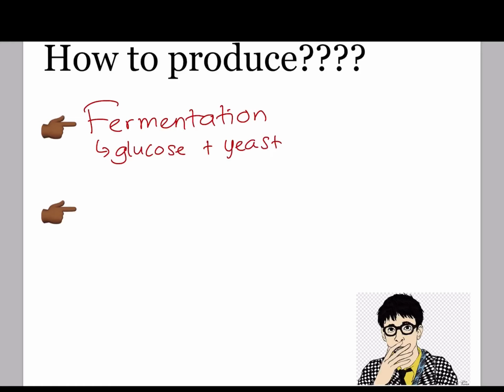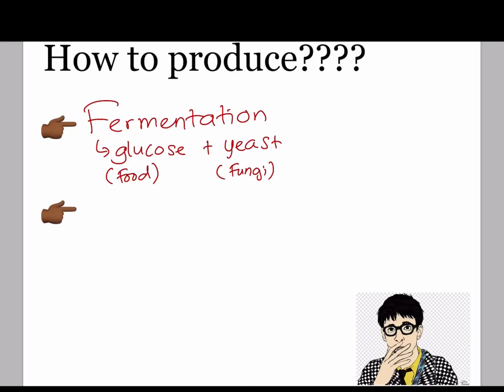We are using the glucose, which acts as the food to the yeast. Yeast is an example of the fungi that we have learned in chapter 1. All right. So when the fungi, which is the microorganism, have the glucose, which is the food, they can survive and reproduce.